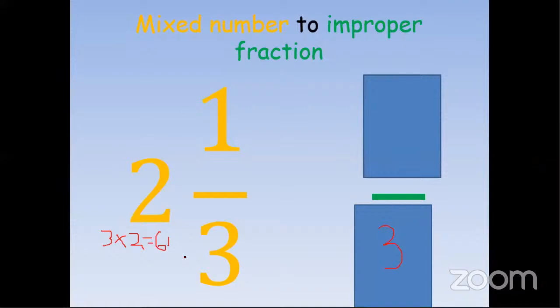Then you add this 6 plus the numerator, which is 1, and you'll come up with 7. Now remember, your answer is improper. You cannot get a proper one, because you're multiplying and then adding, so you expect something bigger than what you have at the bottom. So this is what we have: 7 out of 3 will be your result.